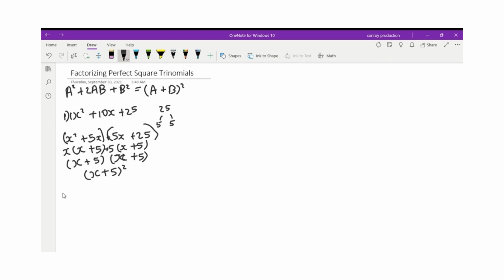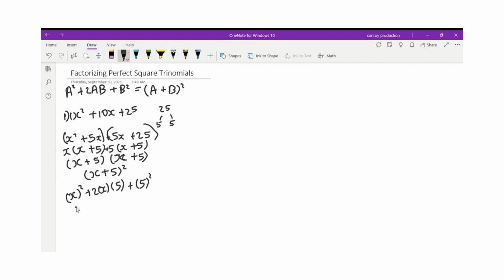Let's test our formula and see. We know our a term is x, and we will have x squared plus the b term, so it's 2 times a, which is x, and b, which is equal to 5, plus b squared, which is 5 squared.